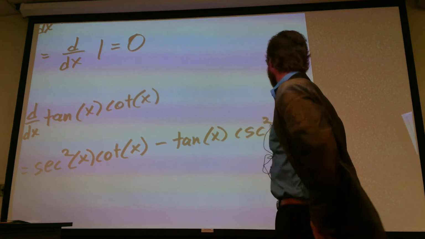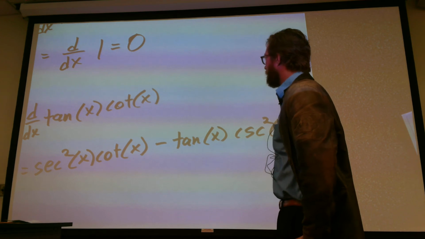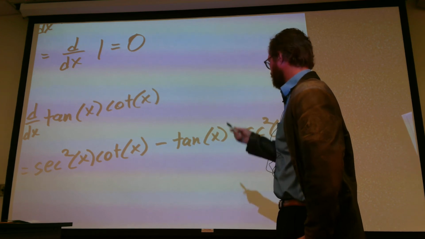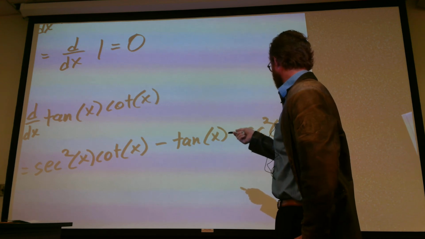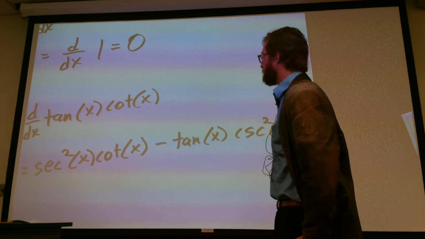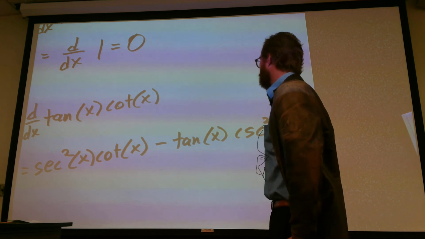There's probably some algebraic manipulation that's going to have to be incorporated into this. If we had secant squared, that's going to be secant cubed with the cosine over sine. It's going to take some algebraic manipulation, but eventually it comes out to being 0. So you can do it either way. They're both correct.